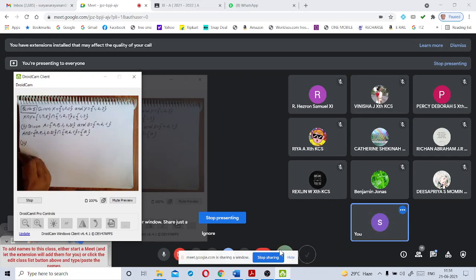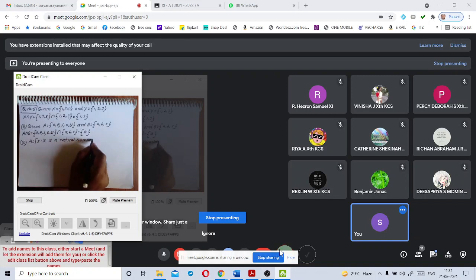Next, come to the third one. A is equal to set of all x such that x is a natural number and a multiple of 3.